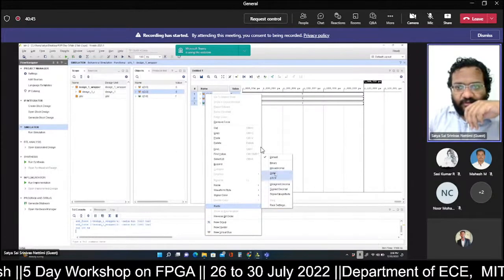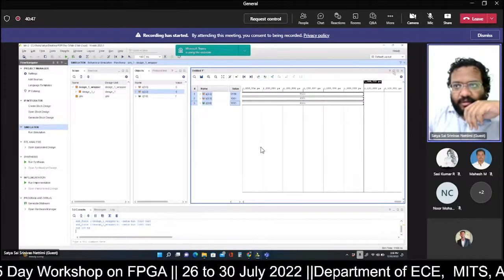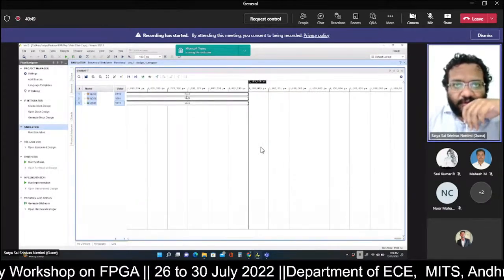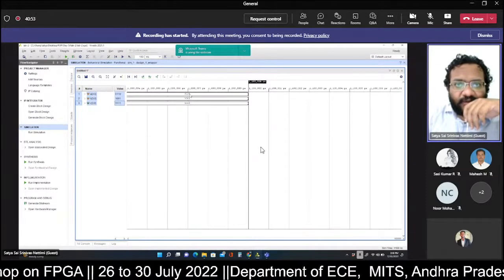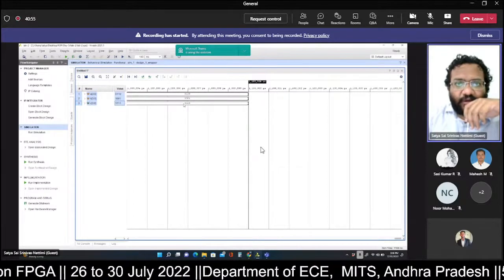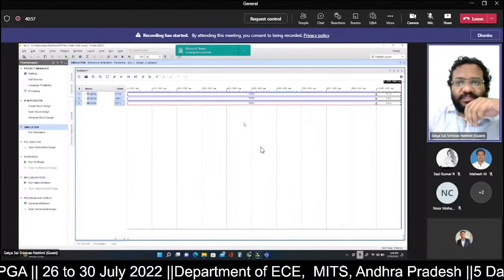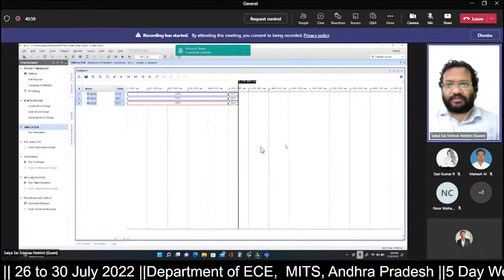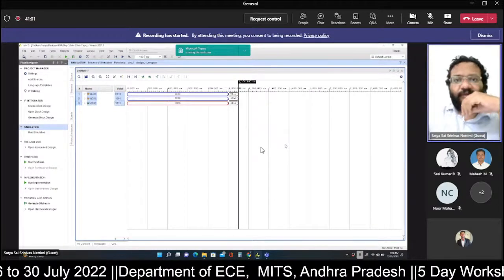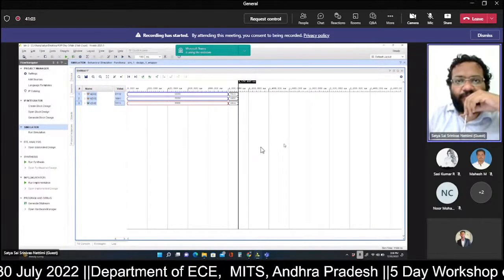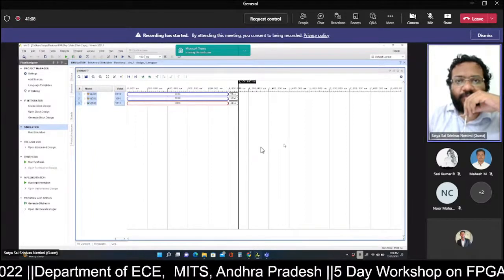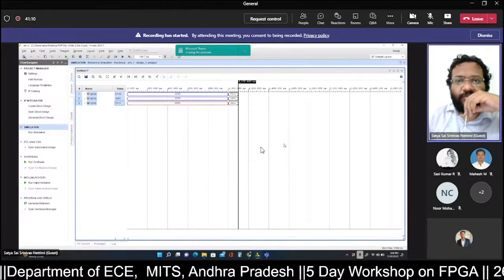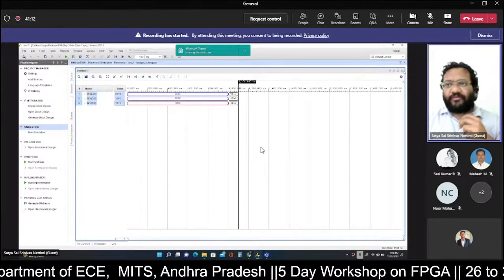We change the radix to binary and you can see the output, right? We got all ones, so it's matching with the response of the XOR gate. Okay, that's it, fine.